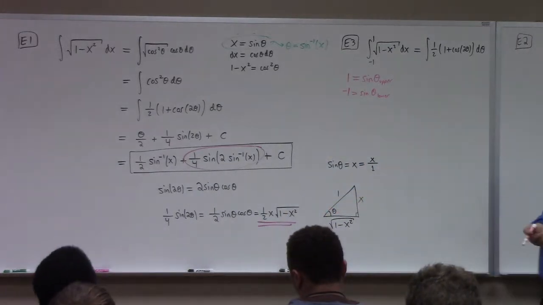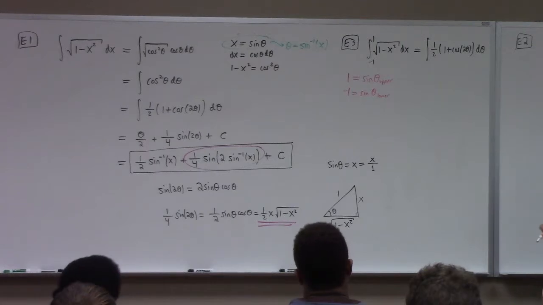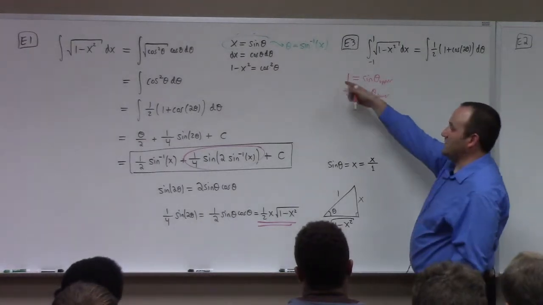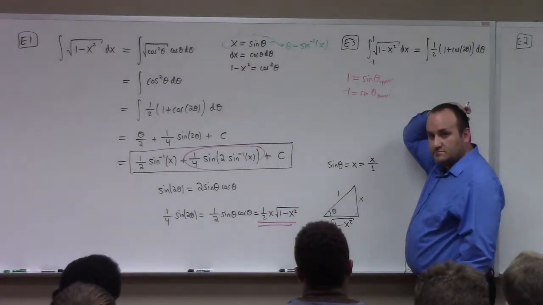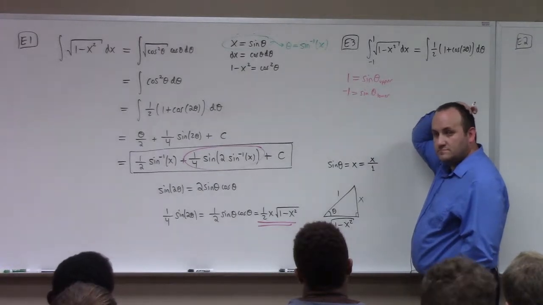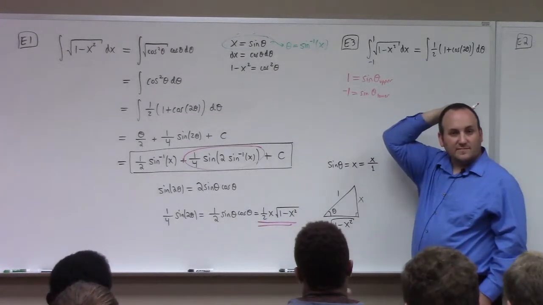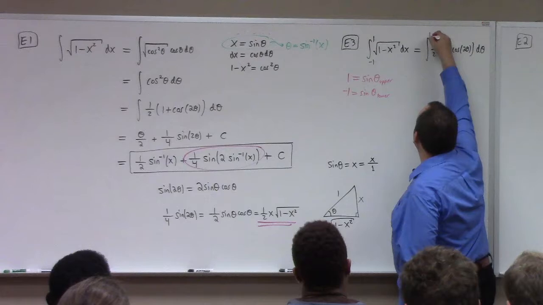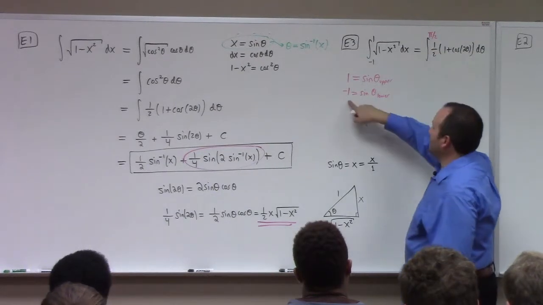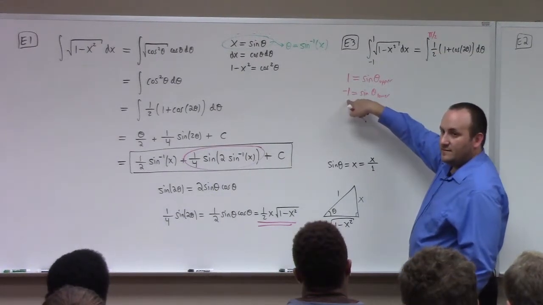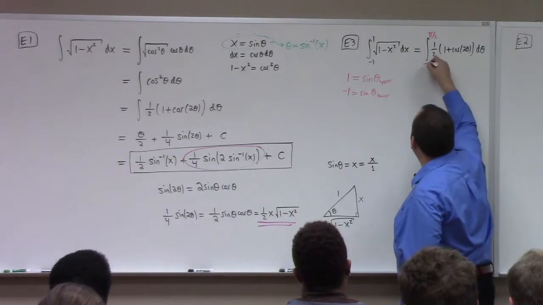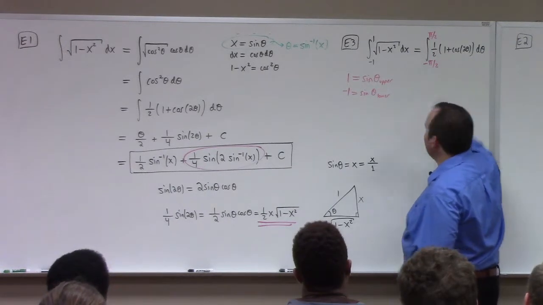So how do you solve those equations? Which theta gives you sine of theta is 1? Pi over 2. And how about -1? I'll take that and make that a minus pi over 2, but thank you.